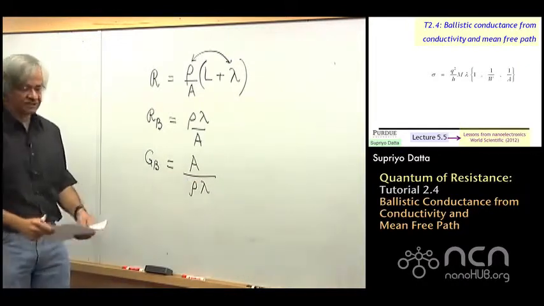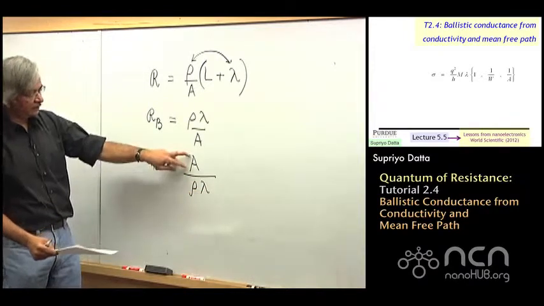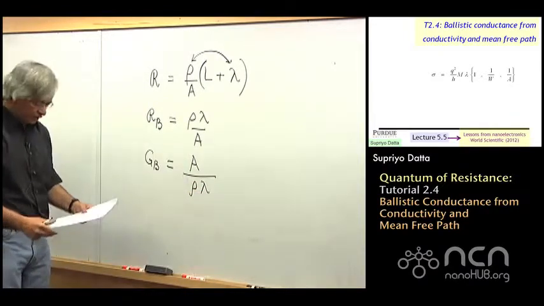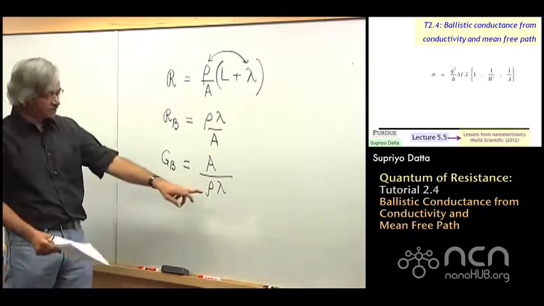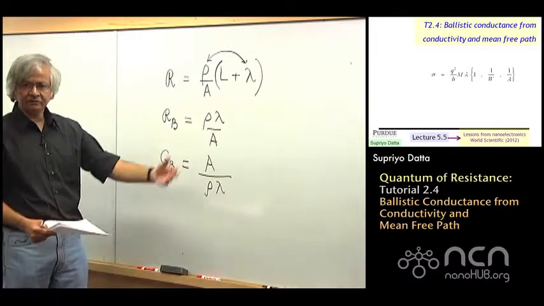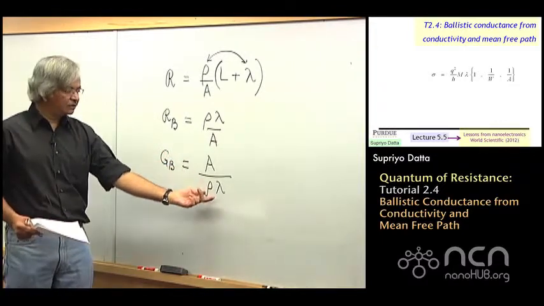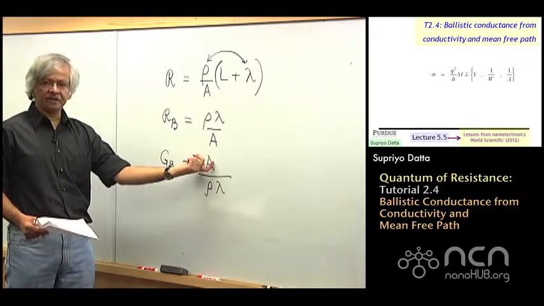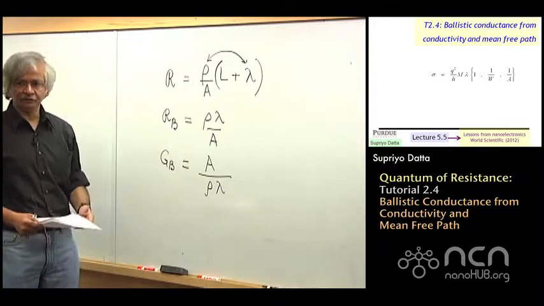Here rho is the resistivity, lambda is the mean free path, and A is the cross-sectional area. This problem gives you a resistivity and a mean free path, one for copper and one for silicon, and asks what the cross-sectional area must be in order for the ballistic conductance to have a certain value.